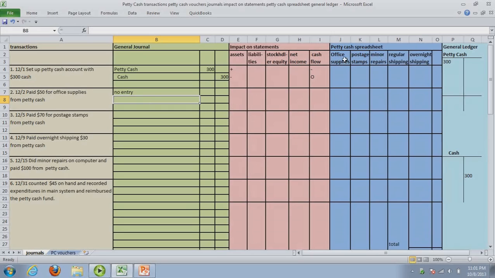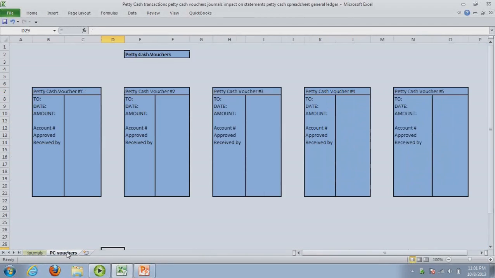So if we set up a spreadsheet and have column headings of the different categories that we can spend money on, we've got one for office supplies, so I'm going to put the $50 there, and then as we disperse that money, if I received it, it would be written there to me. The date, I believe, was December 1st, and the amount was $50.